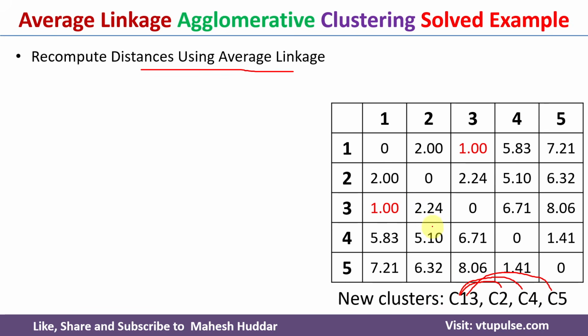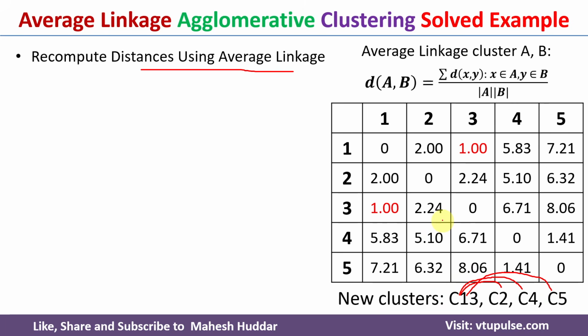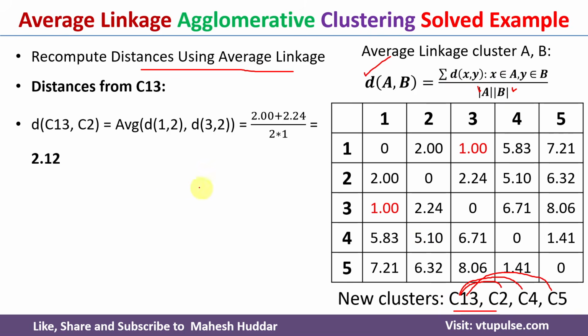In the average linkage agglomerative clustering, the distance can be computed by using this formula: distance between a comma b is equal to the summation of distance between x comma y, where x belongs to a and y belongs to b, divided by the multiplication of the length of a and the length of b. First, I will consider the first pair, that is C13 to C2, which is equal to the average distance between the data points 1 to 2 and 3 to 2.